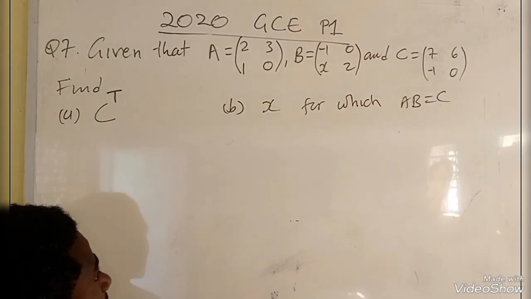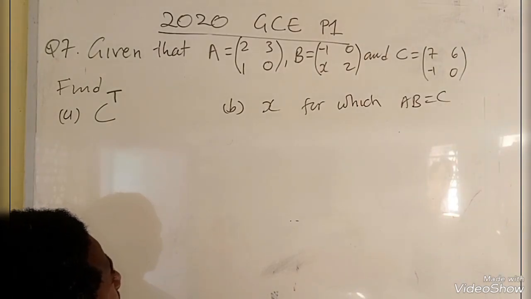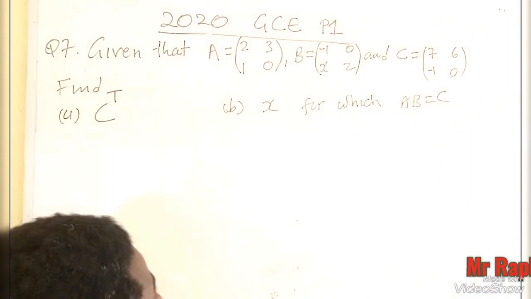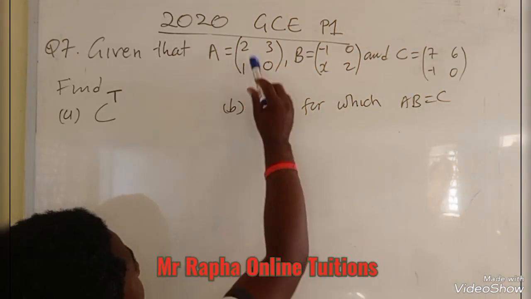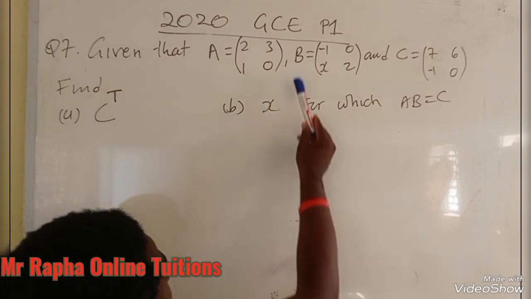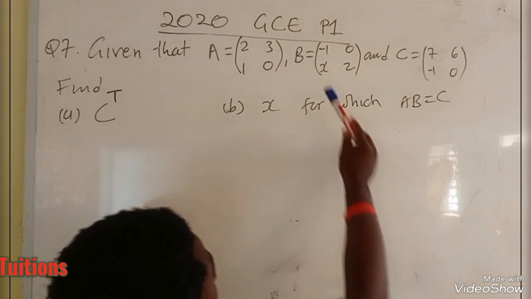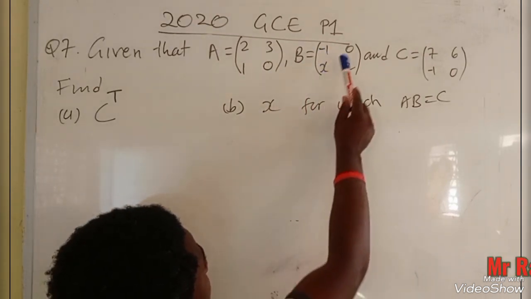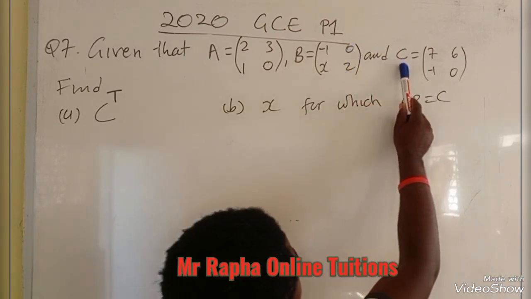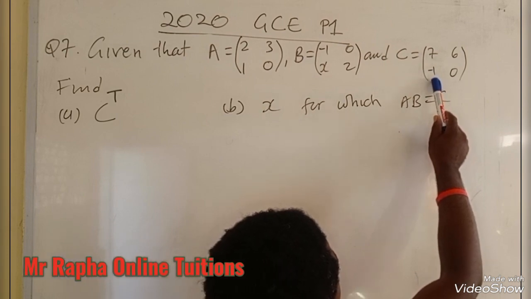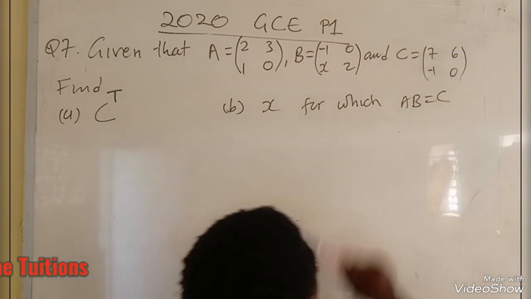Question 7. Given that matrix A is 2, 1, 3, 0, matrix B is -1, x, 0, 2, and matrix C is 7, -1, 6, 0.